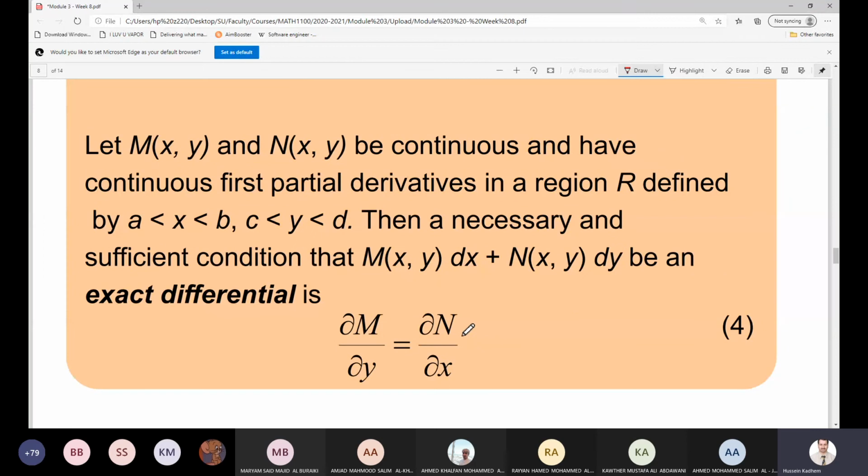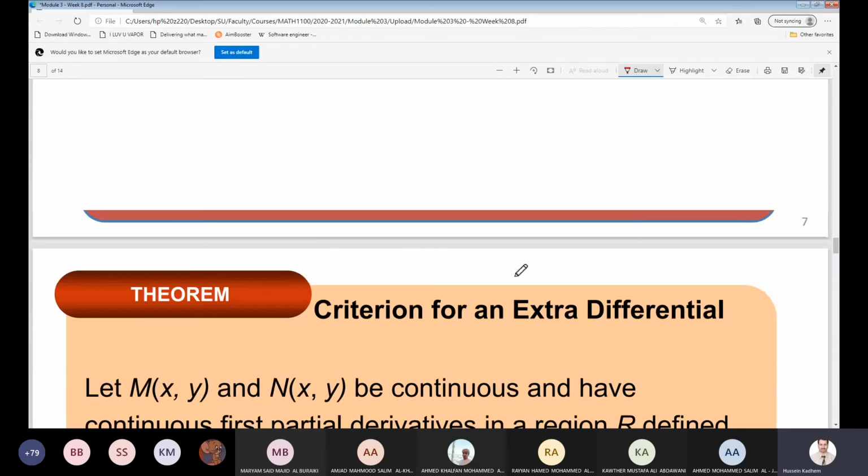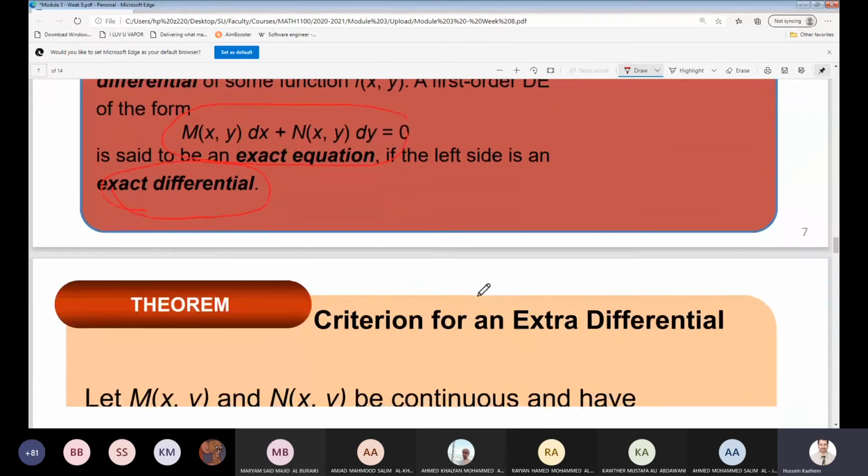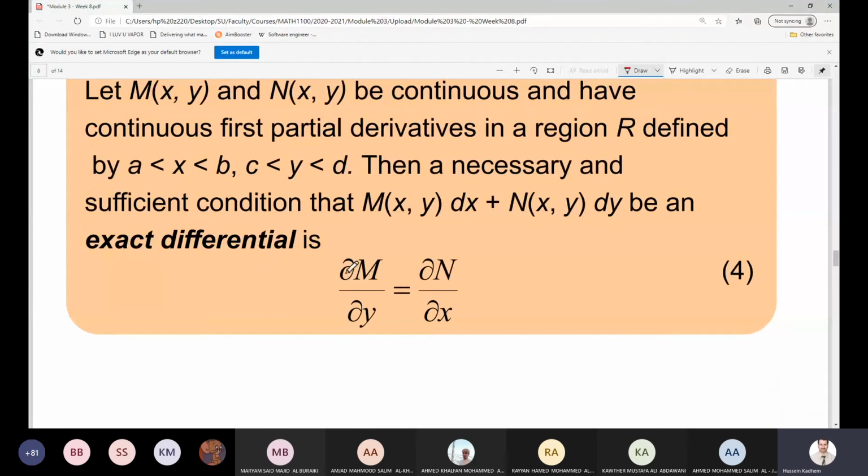Now, one important issue to be mentioned here is that to be exact, it is not enough to be in this form. No. We need to differentiate M, which is the dx element, with respect to y, and differentiate N with respect to x. If they are equal, we say this is exact. So this is a condition that needs to be satisfied. Have a look.